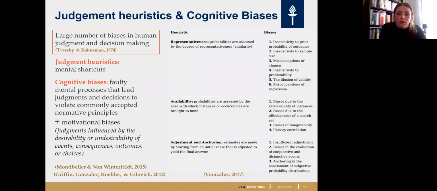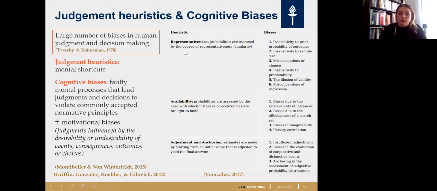So whatever information is retrieved the easiest leads to different biases. Adjustment and anchoring is the third one, where estimates or judgments are made on the basis of the first initial value, so that you anchor your evaluation and judgments to the things that you started the process with.